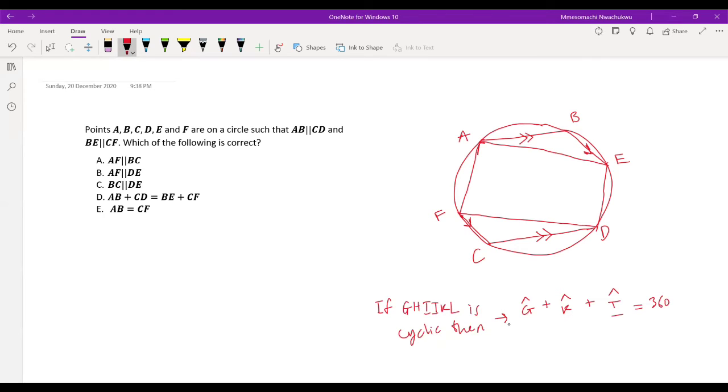Since this line here is parallel to this line, and this line here is parallel to this line, it implies that the angle at their intersection will be equal. So this angle here is equal to this angle. If you have two pairs of parallel lines, and you say this angle here is theta, then this angle here is also going to be theta.